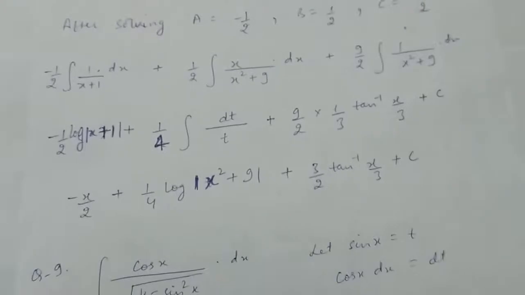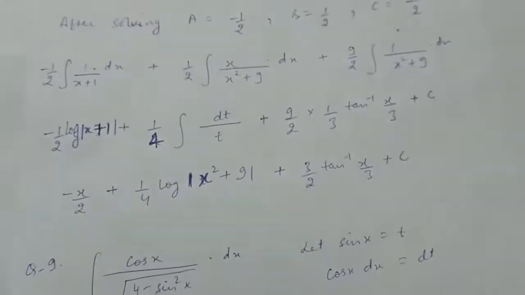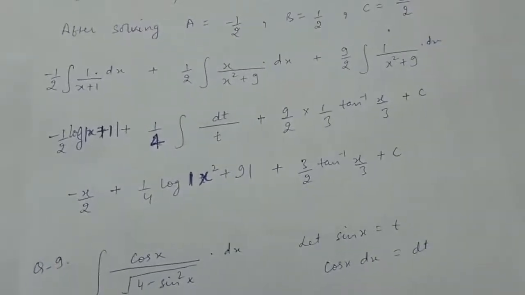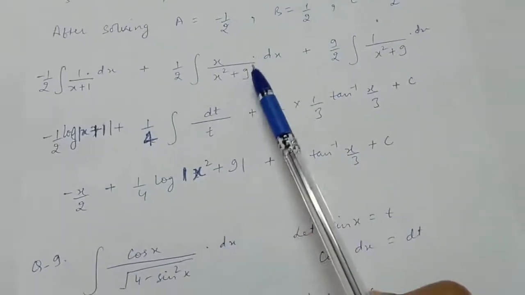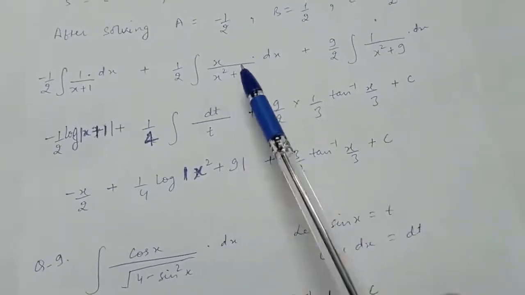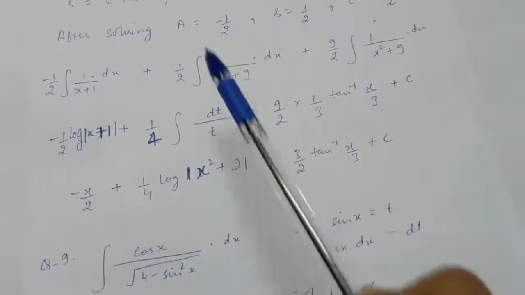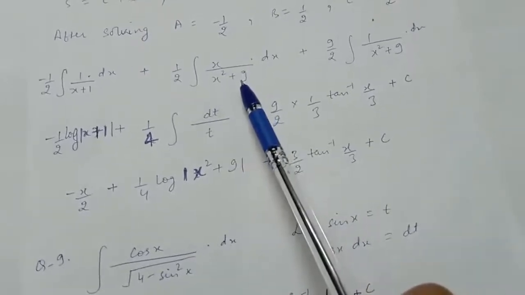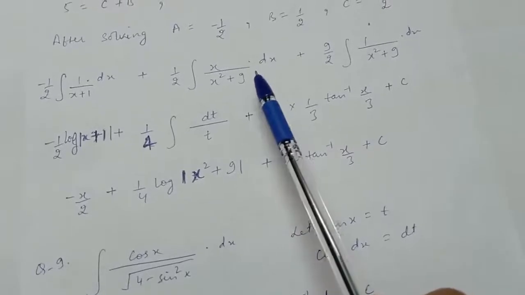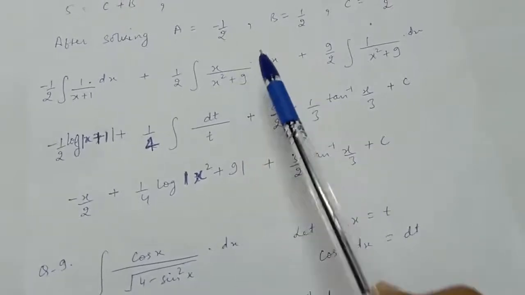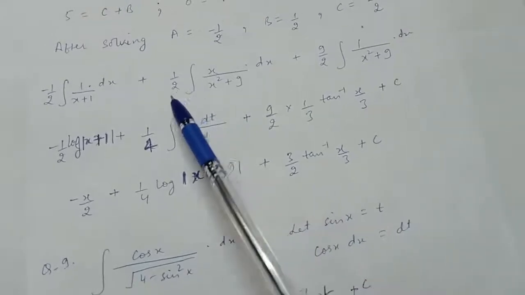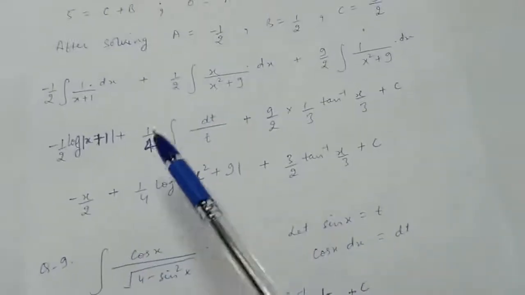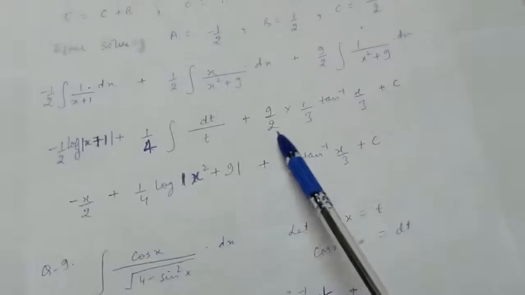Now integral of 1 upon x plus 1 will be log mod of x plus 1 plus, for this we will use the method of substitution. Take this x square plus 9 as equal to t, then you will get after differentiating 2x into dx equal to dt. Therefore x into dx will be dt upon 2 and 1 by 2 is already here, so it will become 1 by 4 plus 9 by 2.